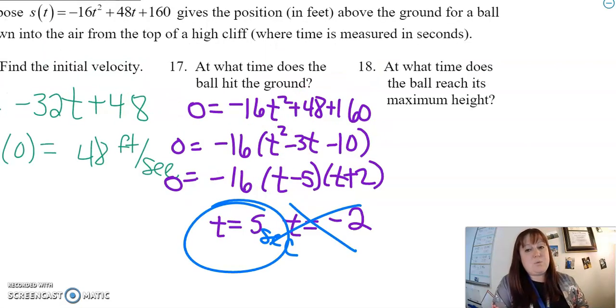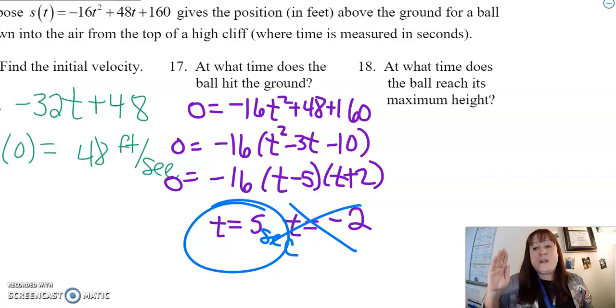At what time does the ball reach its maximum height? Okay, so maximum height would be when it stops going up and starts going down. And when it stops going up, the velocity has to be equal to 0, right? Because that's the reason it starts going down, is because the velocity stops going up.